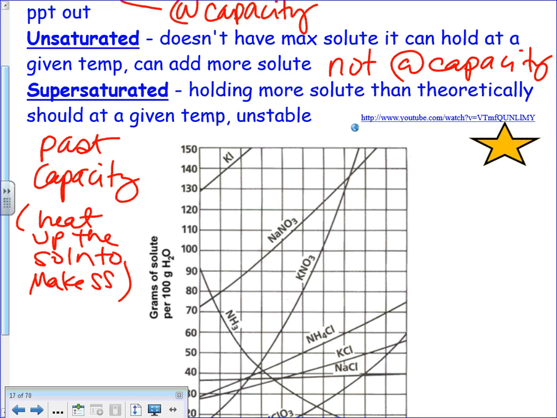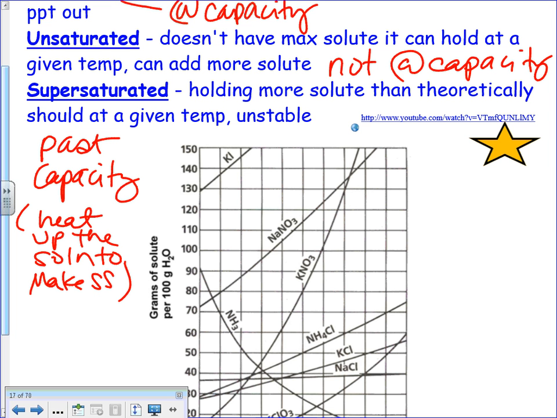You have to heat it up and then slowly let it cool down so you don't disturb it. Because if you disturb it, it would drop out of solution like you saw. So in that same video, you saw that white stuff kind of fall into the solution. It's because the solution is really unstable, so it tends to just totally solidify whenever you have a small disturbance.